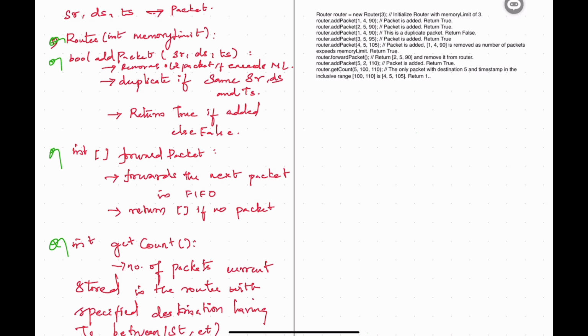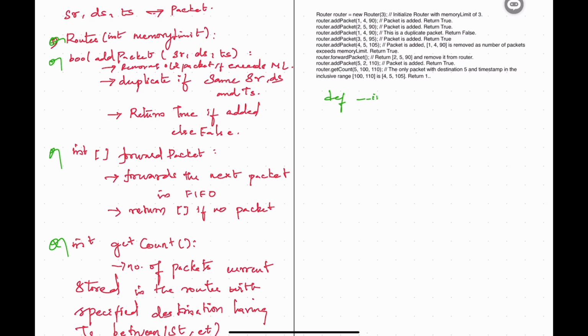To remove the first one, what data structure will we use? A queue, right? When you're adding a packet, you insert at the end of the queue, and when you're removing, you remove from the start of the queue. That's what we will be doing.